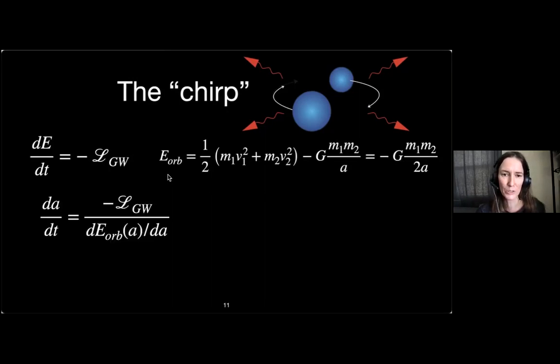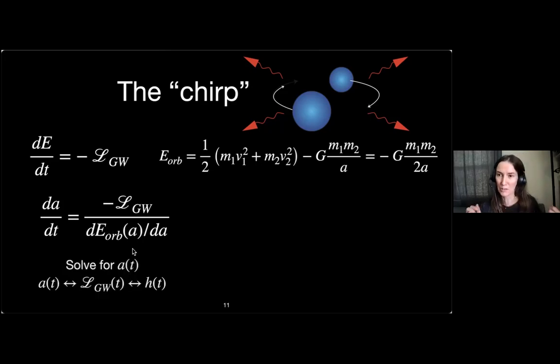that I can use to convert into an equation that changes my dE/dt here into a dA/dt, with the orbital separation A, along with how the energy of the orbit changes with orbital separation. So this lets me solve for the orbital separation as a function of time.